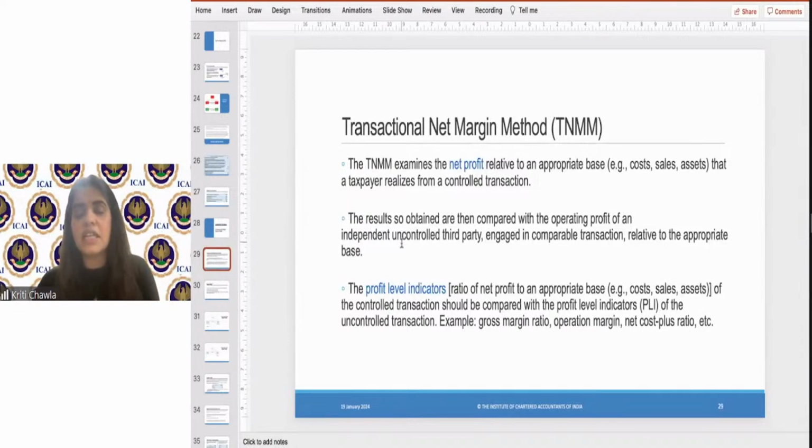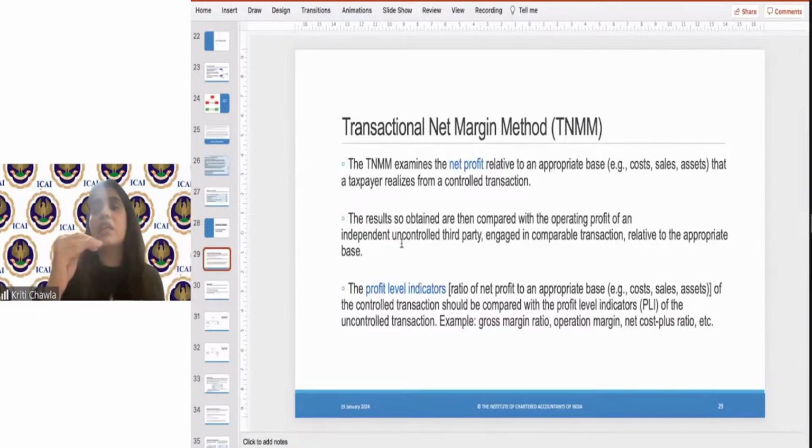Now there are a few things in TNMM. The first thing is that you have to calculate a net profit margin. The net profit margin that you calculate is net profit or operating profit, divided by an appropriate base, which can be cost or sales, etc. So how do you calculate it? Operating profit divided by cost into 100.